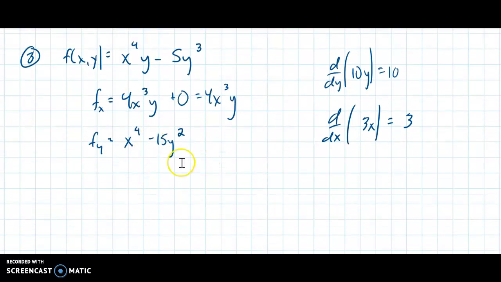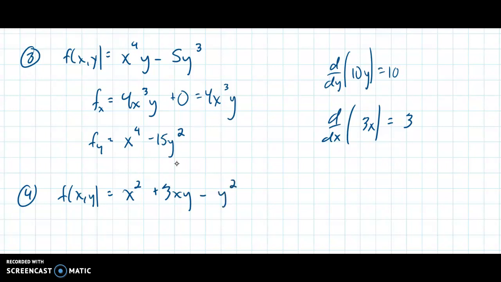Here comes the next one. We are going to do number 4. F of x comma y equals x squared plus 3xy minus y squared.